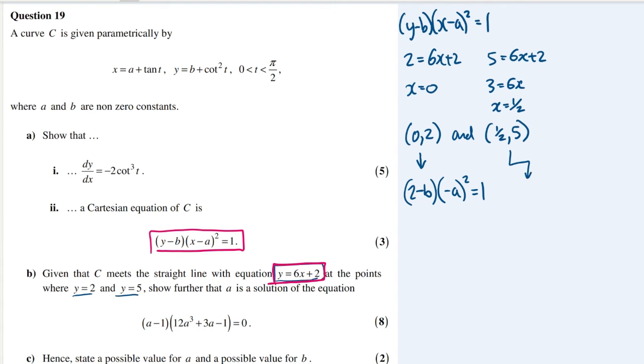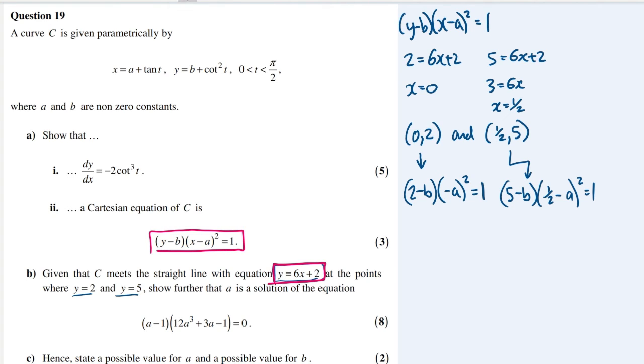And subbing in the other point into the curve is going to give me 5 minus b, and x is a half, so a half minus a squared is equal to 1.